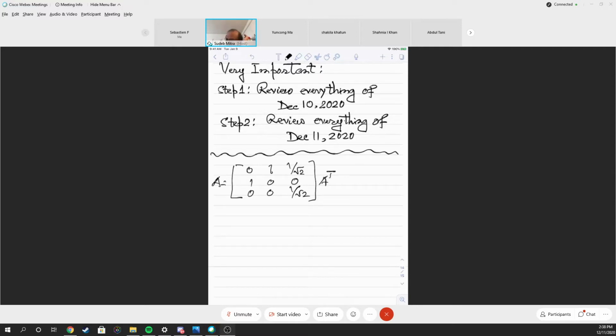A transpose is 0, 1, 1 by root 2, 1, 0, 0, 0, 0, 1 upon root 2.